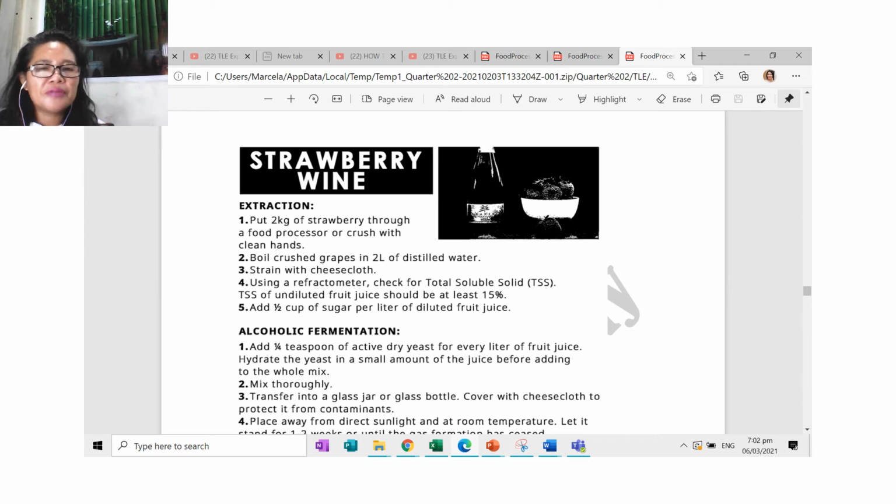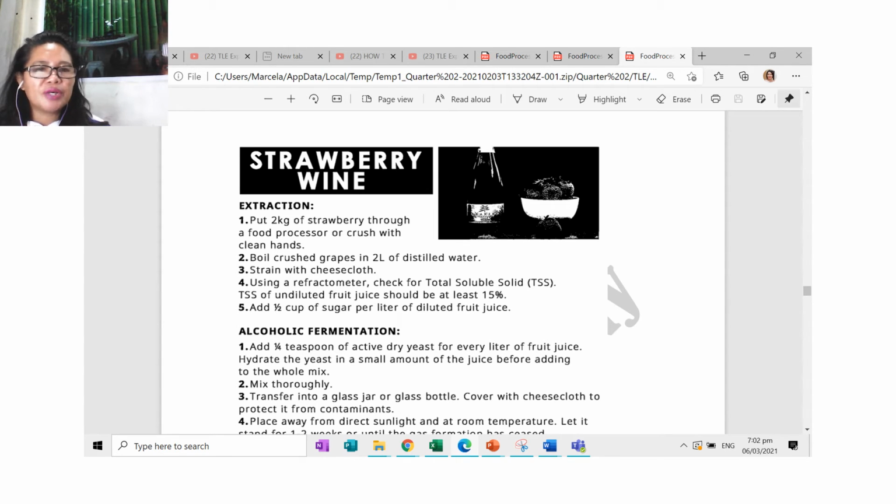Then for the alcoholic fermentation, you're going to add 1/4 teaspoon of active dry yeast for every liter of fruit juice. Hydrate the yeast in a small amount of the juice before adding to the whole mix. Then mix thoroughly.